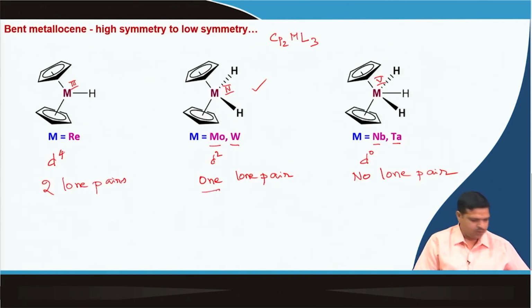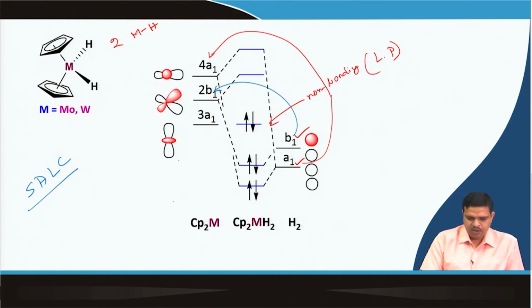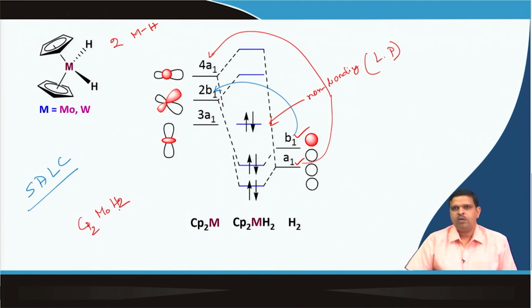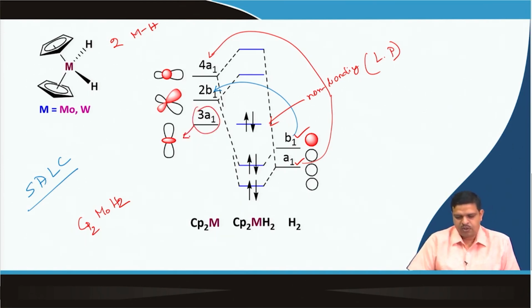Due to this scenario, molybdenum Cp2H2 has one lone pair, and in which orbital is this lone pair? This is in the 3a1, that is the dz² type of orbital, where the lone pair is housed. Now it is clear, very easy.